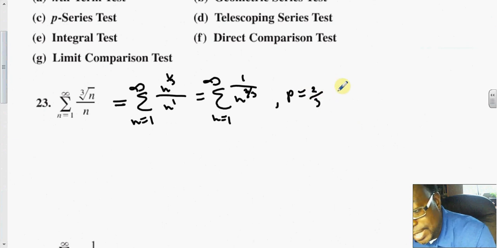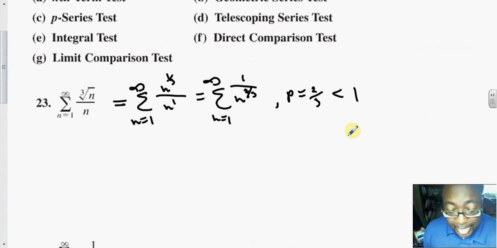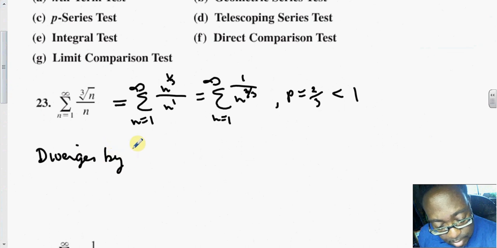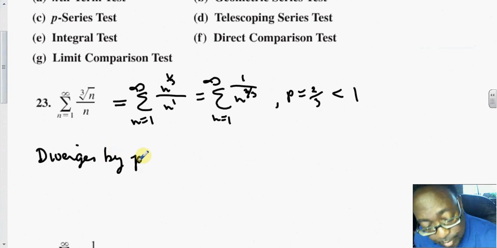And since this is less than 1, then this diverges. So this diverges by the p-series test.